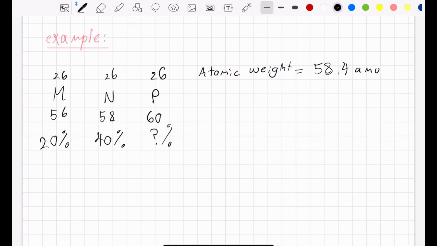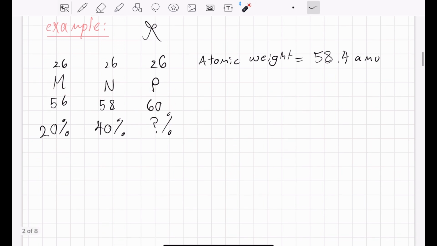So for example, we have this element here, we'll just call it X. And element X has 3 isotopes, M, N, and P. The isotope M has a Z number of 26 and an A number of 56.